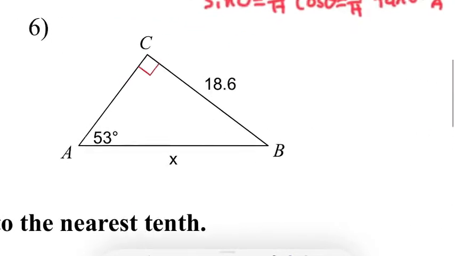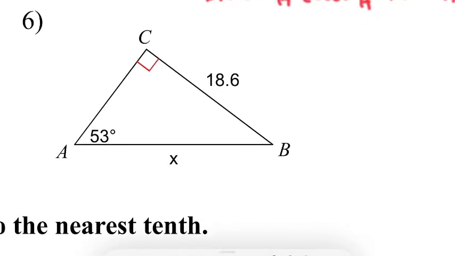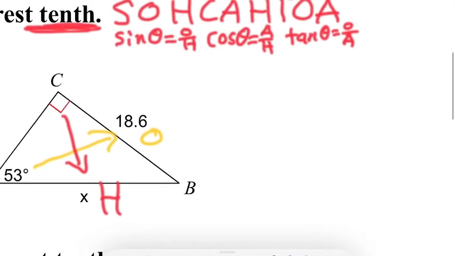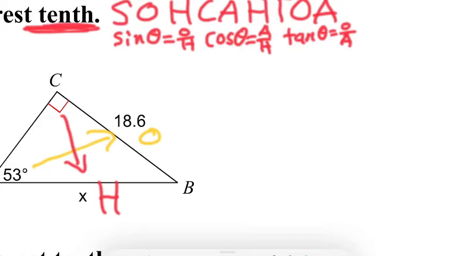For number 6, we have our opposite side. We also have our hypotenuse. So looking at our saying, we have O and H, so we're working with sine.